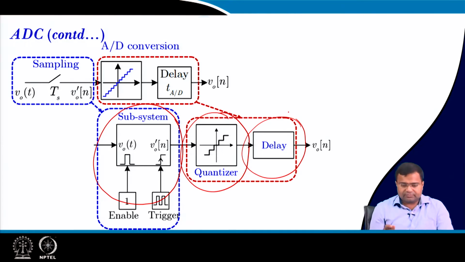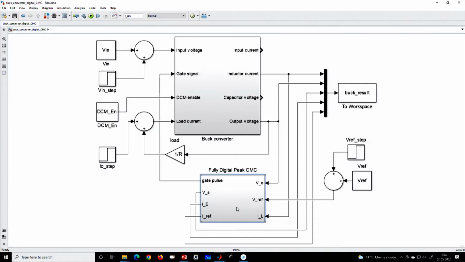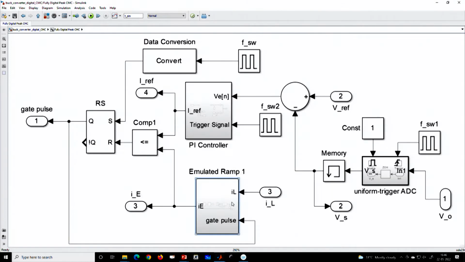Next, this part we have discussed for multiple lectures. We have also discussed how to implement a PI controller. In the previous lecture we discussed that if you want to implement a PI controller using a difference equation, not by transfer function, then it has to be clock synchronized. If you go back to the MATLAB file, this is a fully digital peak current mode control.